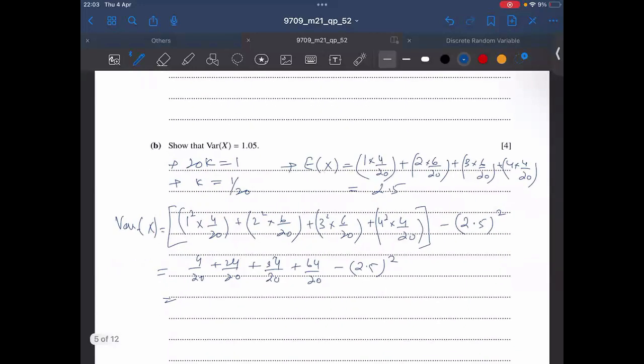So how much would it be? 118, 122, 146 over 20. What is 146 over 20? 7.3 minus 6.25. So how much variance are you getting? It's 1.05. Is it clear or not?